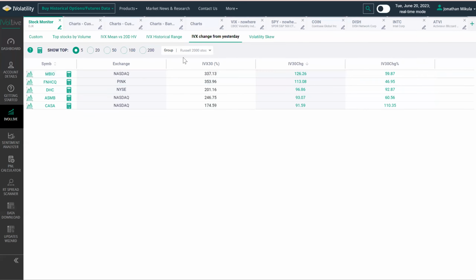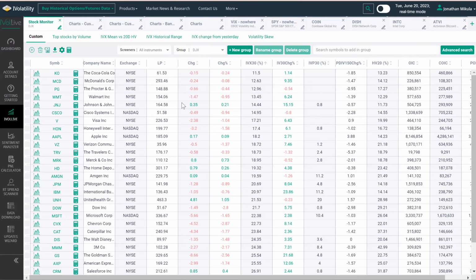Again, feel free to choose when you're putting these ideas together, like the TSX 60, this would be Canada. So as you're putting together your trade ideas, this is probably the easiest place to come to get a shorthand list of trading ideas you want to look at. And then you can just come back to this custom tab.